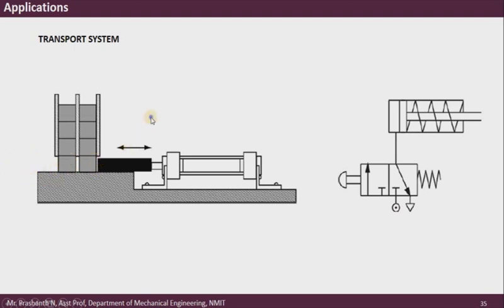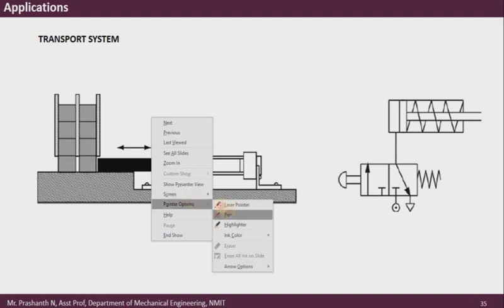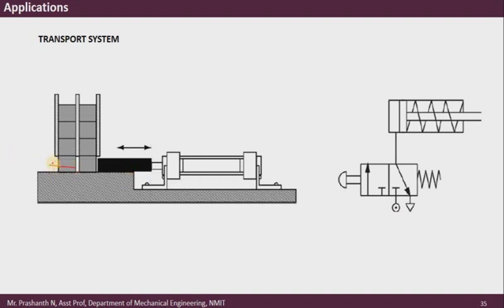So when the piston actuates, it will push these blocks to the left hand side, and the remaining blocks will come down due to gravity.